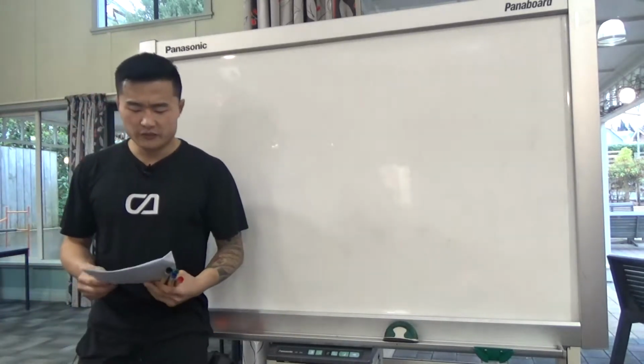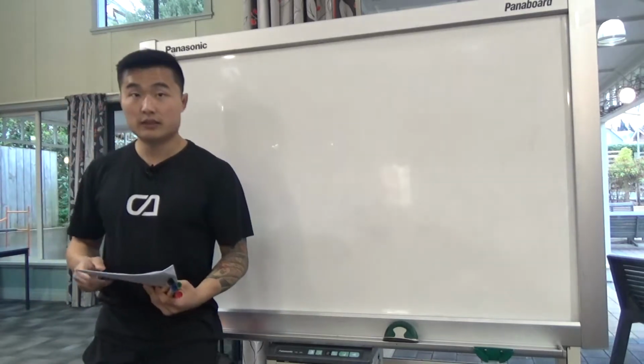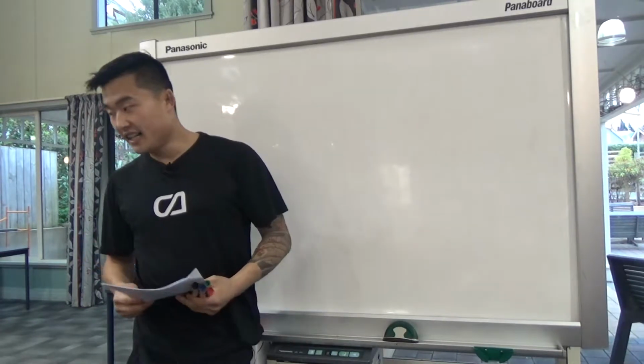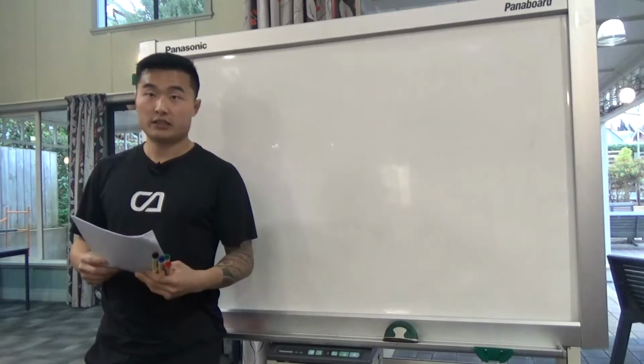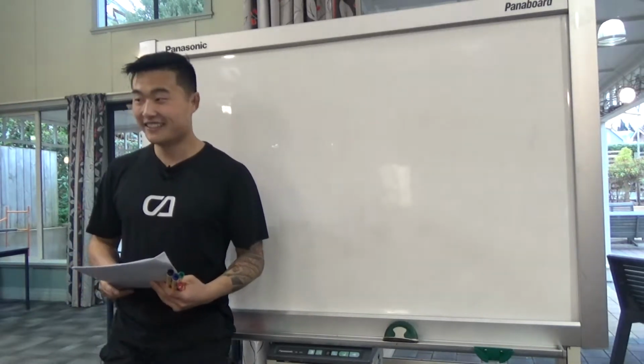So first of all, we'll go over alcohol metabolism. Alcohol or ethanol provides 29 kilojoules per gram of energy. So it's worthwhile remembering that number, okay?